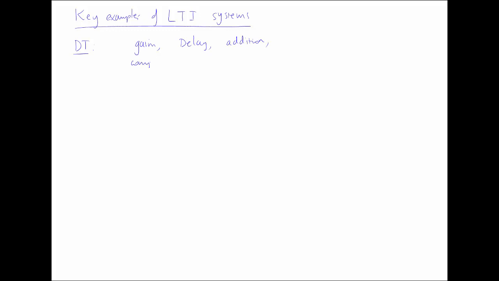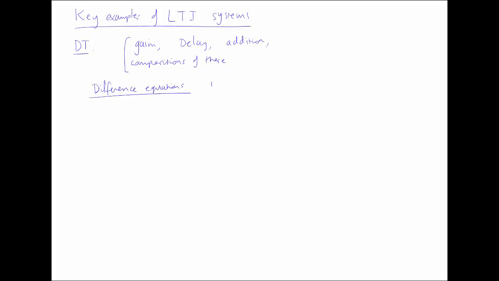What I want to do is mention the key examples of linear time invariant systems. So in discrete time, these are essentially a gain system, a delay system, addition, so summers, and essentially compositions of these. And so overall what you end up getting are systems defined by difference equations.